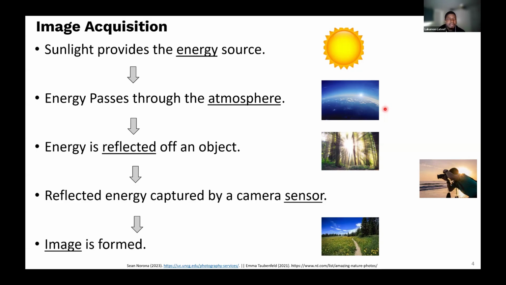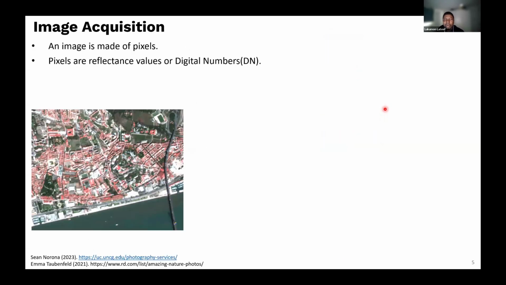Then we proceed further. When we talk about image, we see images most times in color, but images are not only color. Images are made up of pixels, which are reflected energy or digital numbers. For example, looking at this image sample, you can zoom in to a portion of the image.